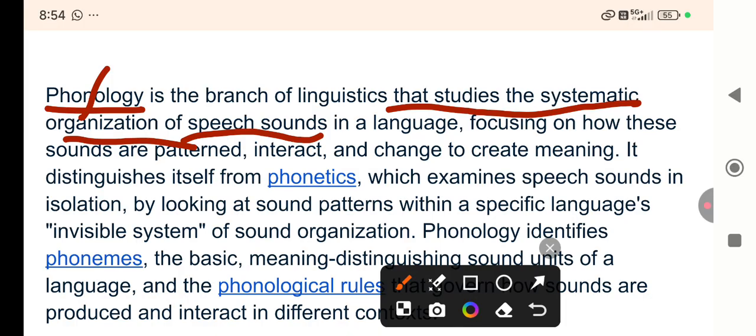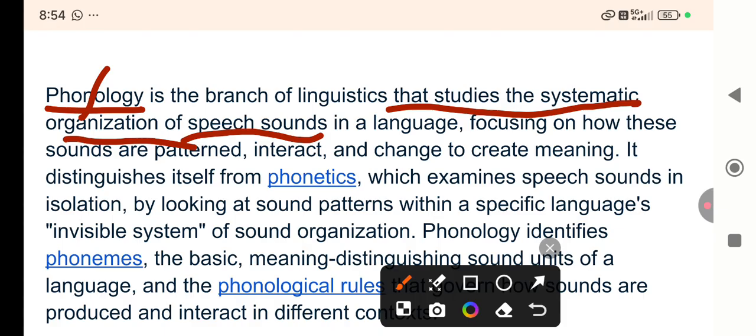Right? I'm repeating. First, we have to understand what is phonology. Phonology is a branch of linguistics, and that's a study of speech sound in a language. But what speech sound? The systematic organization of speech sound in a language, focusing on how these sounds are patterned.